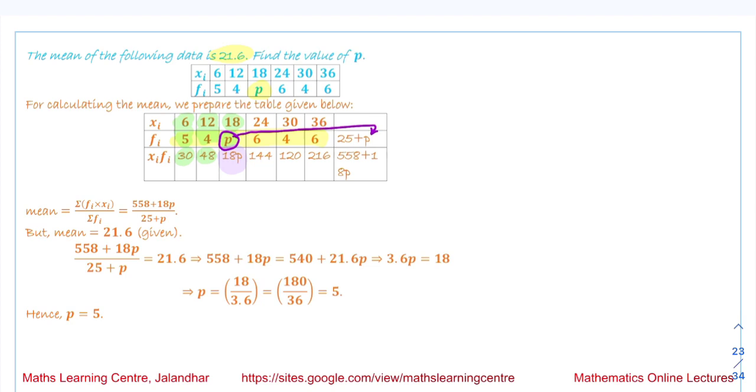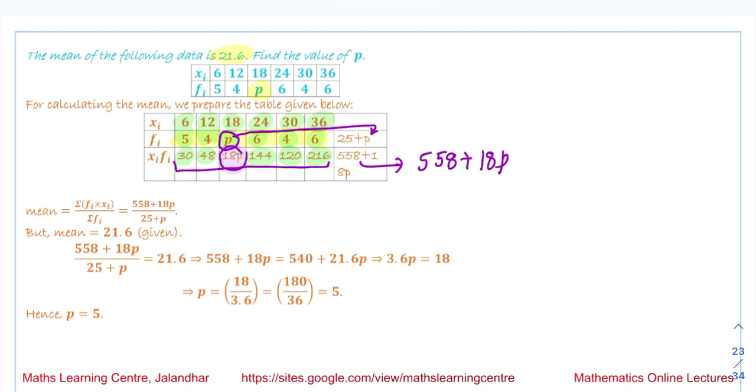Next we have, it is 24 into 6 is 144. Then 30 into 4 is 120. And 36 into 6 is 216. Now when we add all these values, we will get, it is 558 plus 18P.